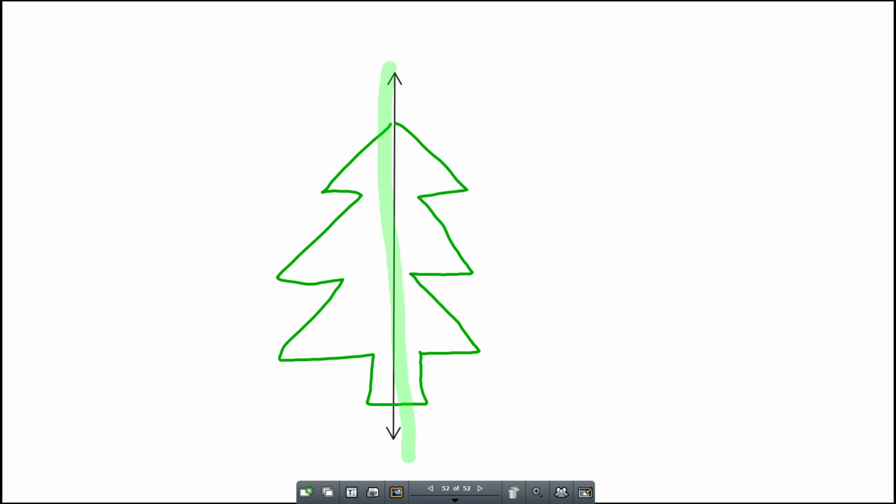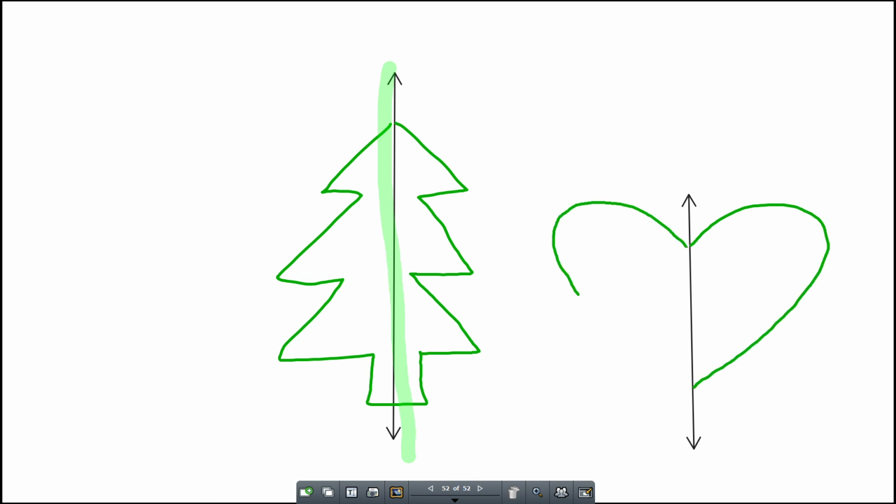The same with a heart. Nee? As jy 'n hartjie vat, so that line folds the heart exactly in half. Nee, daai twee stukkies pas mooi op mekaar. Same thing with my hyperbola.